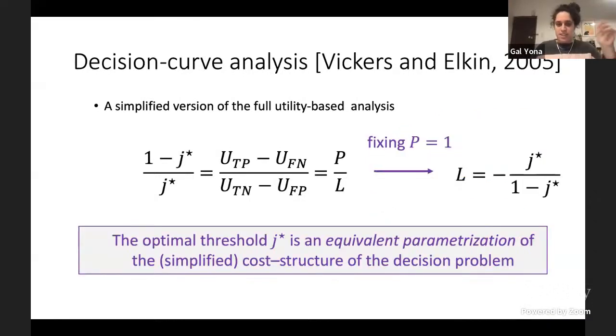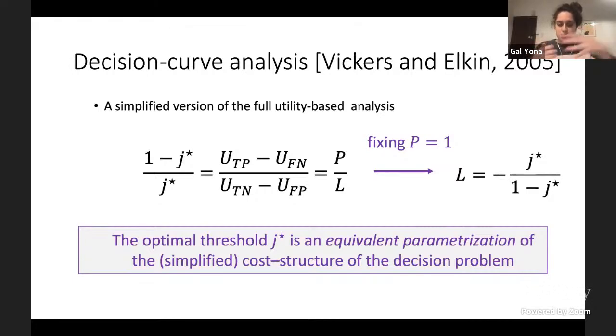So what they do is they say, let's just fix one of these values at 1, say P at 1. And now we have this immediate relationship between the harm from a false positive and this odds ratio of J star. If you look at this equation without the details, it says that I can think of the optimal threshold J star as also an equivalent parameterization of the decision problem itself, under these simplified utility assumptions.